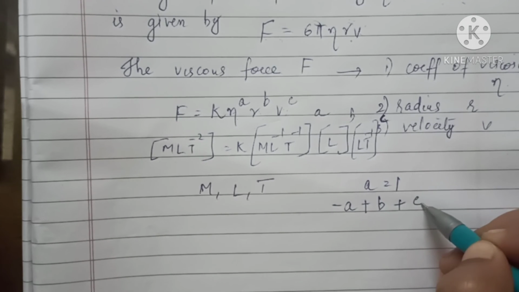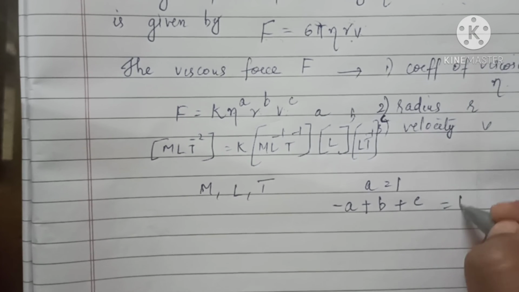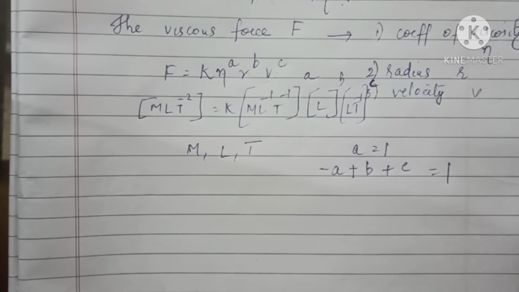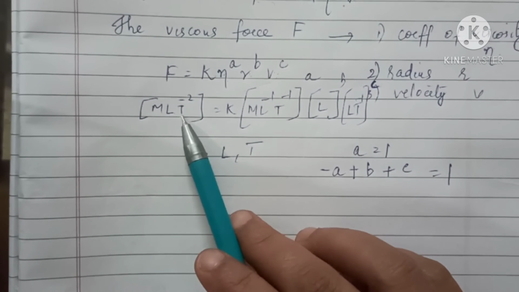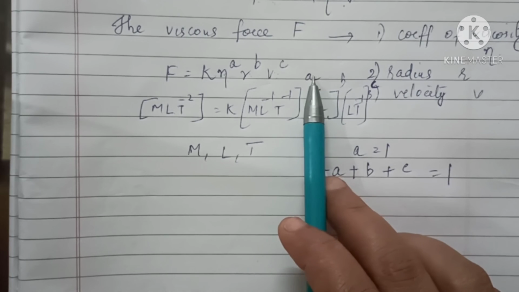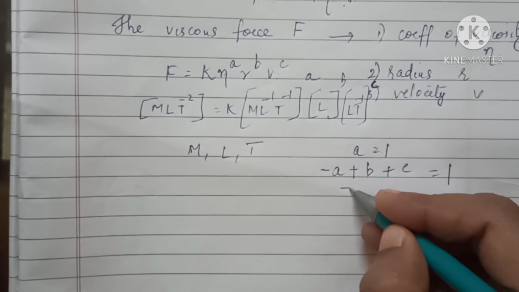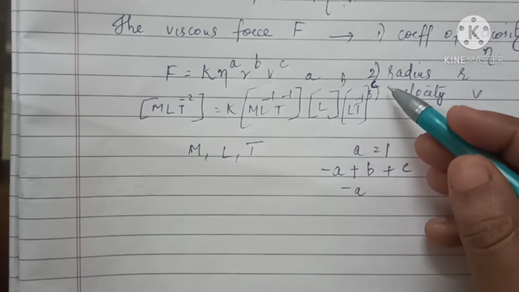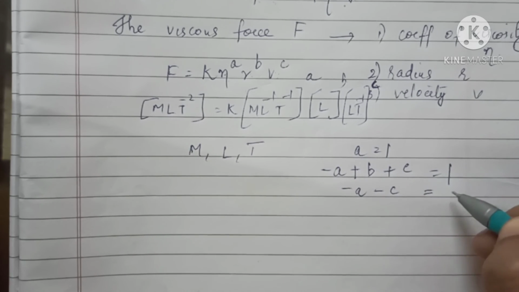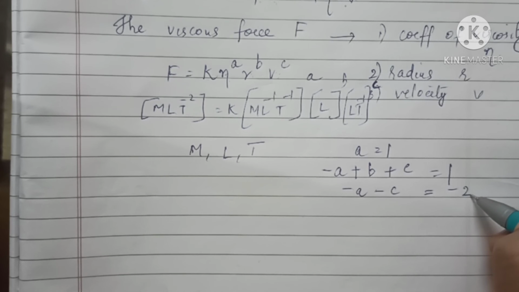So minus a plus b plus c is equal to 1. And the third one is for T, here it is minus 2. Here it is T raised to minus 1 the whole raised to a, that is minus a, and here it is minus c. So minus a minus c is equal to minus 2.